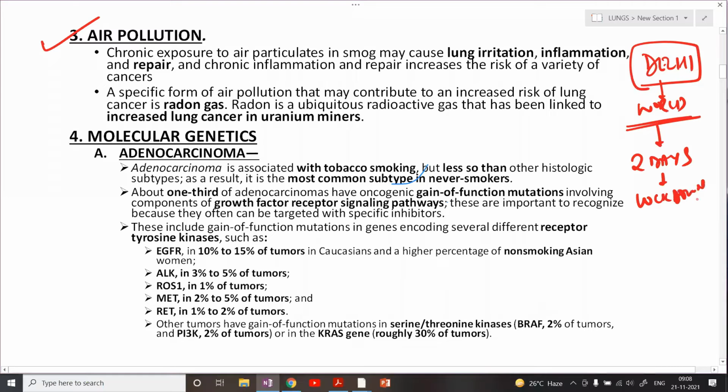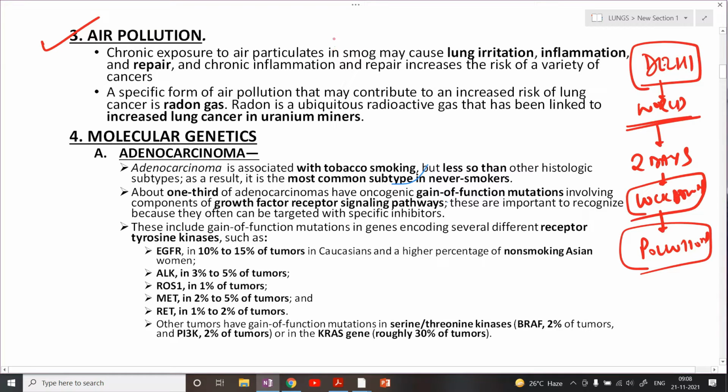Now I was suspecting that it might be because of COVID, but no, it was because of pollution. For 2 days Delhi had to go for a lockdown. Why am I stating this? Because air pollution is also one of the causative factors for lung carcinoma.